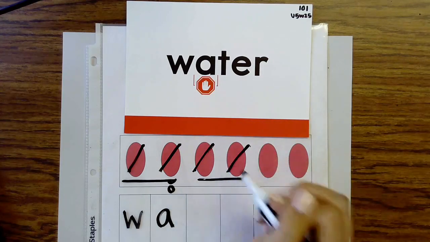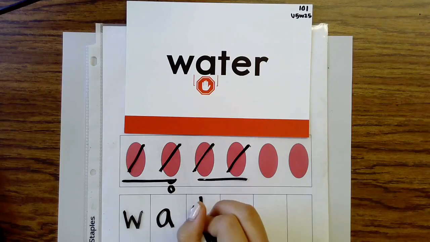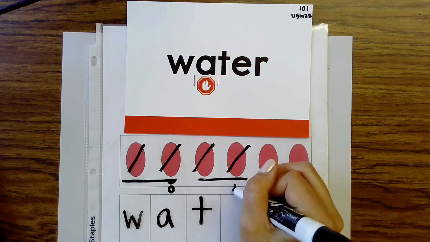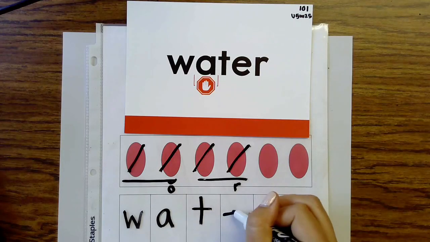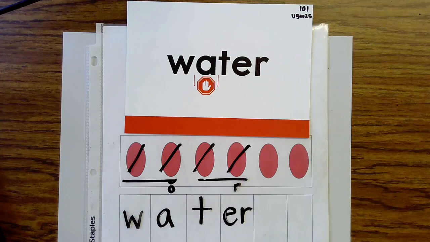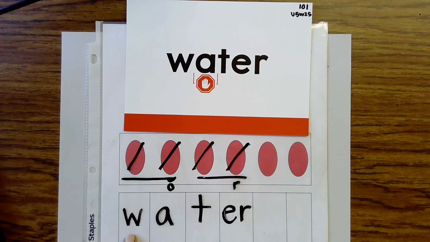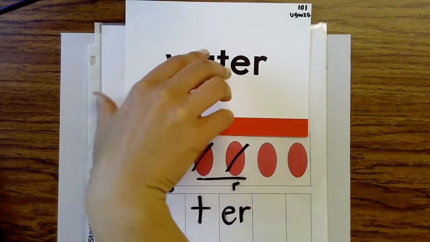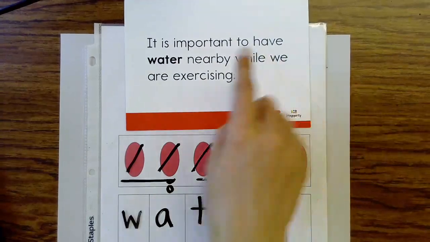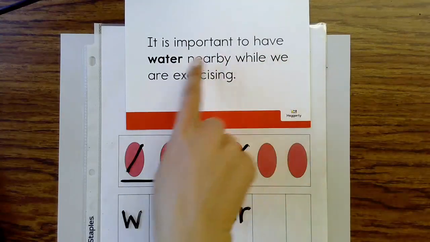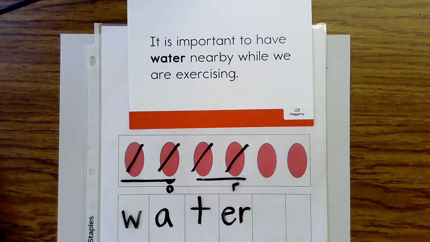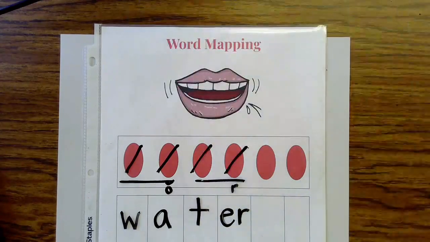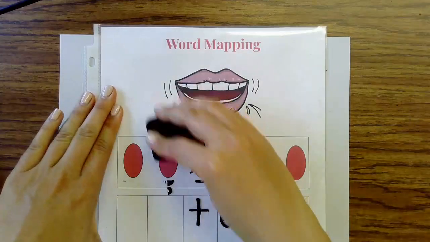T. T being a T. We only hear that R, but remember, every syllable needs a vowel, so it's ER. Water. Let's sound out water. The word is water. For example, it is important to have water nearby while we are exercising. The word is water.